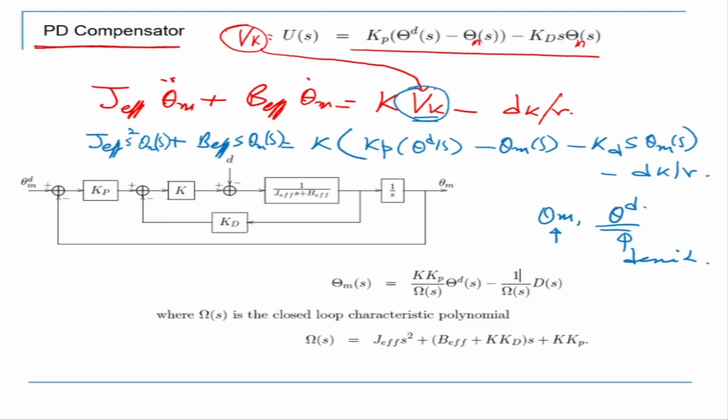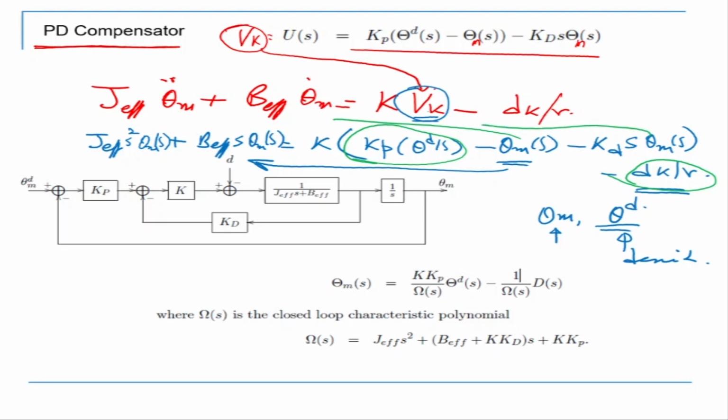Now what I do is I bring all the theta m s on one side, and on the right hand side you only have theta d s and the term dk by R. So theta m s goes on the left, and then I take theta m s common.